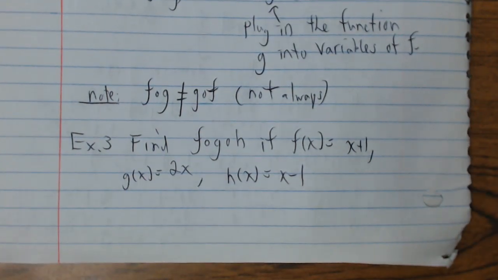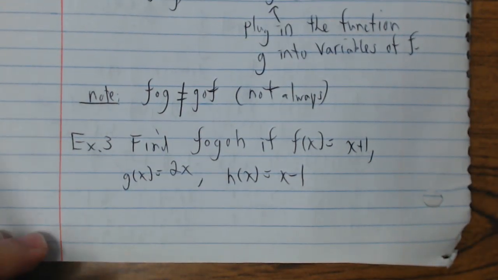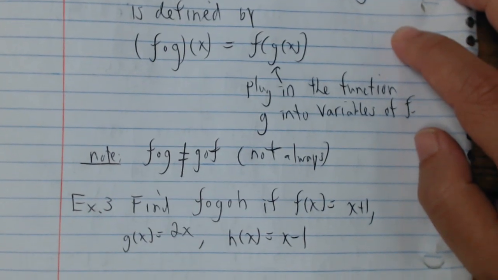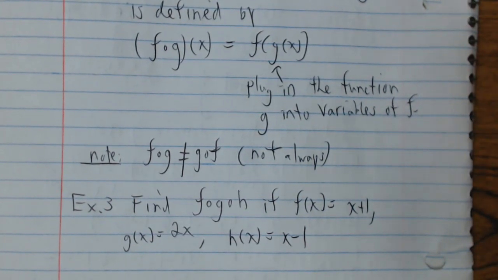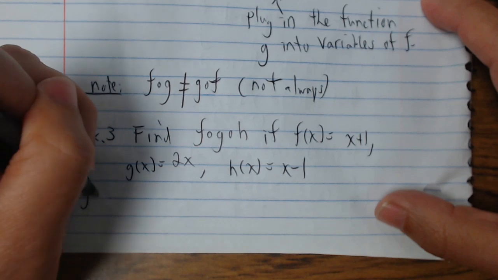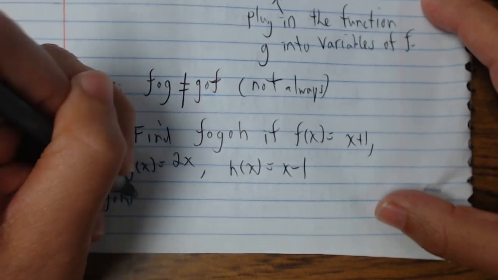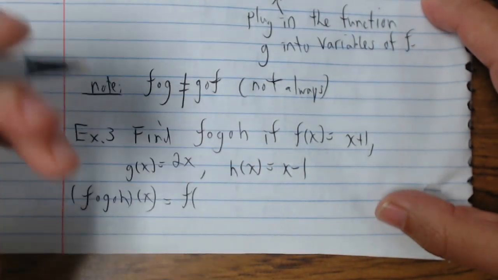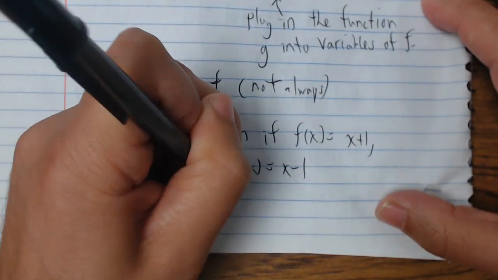Now, this is a composite function of 3 functions, which is fine. Just because we defined it for 2 functions up here, it doesn't mean that composite functions have to involve just 2 functions. So by definition, f of g of h of x is the same thing as f(g(h(x))).